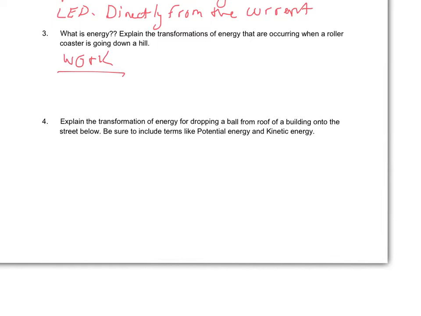So let's pretend this is our hill, and we have the roller coaster on top of the hill.